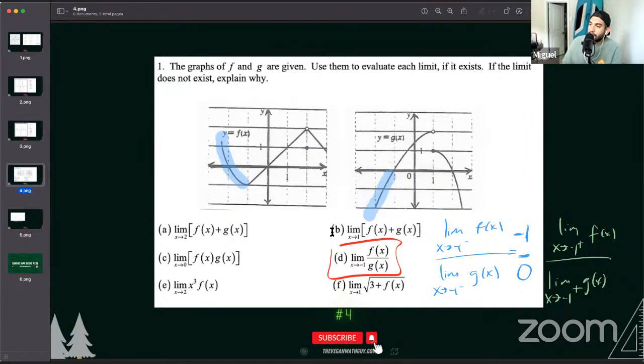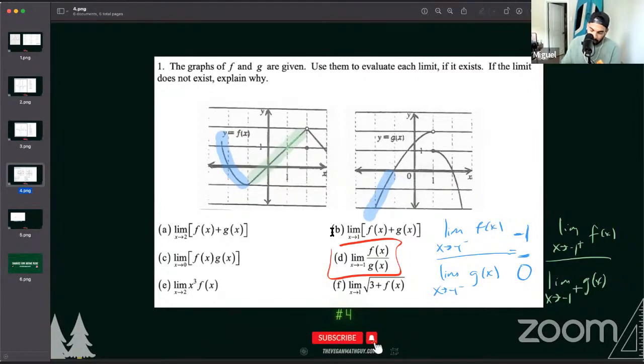Okay, -1 over 0. That is okay to have. It's not like it's indeterminate. Right now, we're going to say that's undefined, but we're going to leave it like that for now. First, let's check what the limit from the right is. For f of x, as x approaches -1 from the right, it looks like it's also -1.